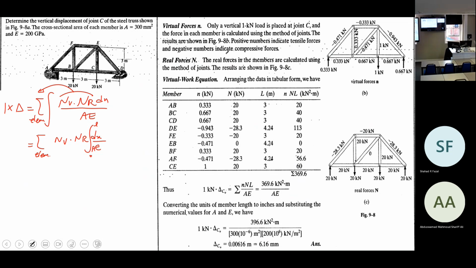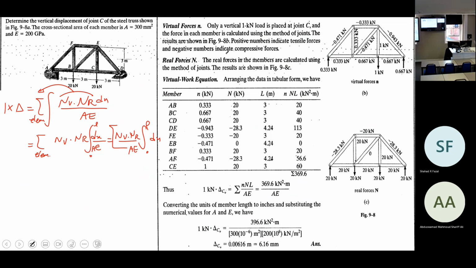The integration is really the integration of dx from 0 to L. What is the result of integration of dx from 0 to L? You tell me. The integral of dx is x.